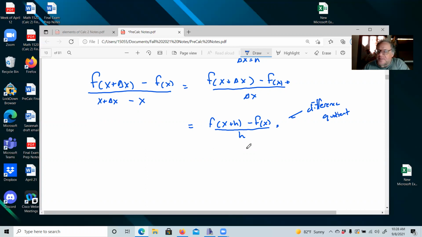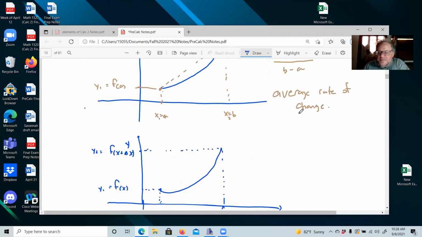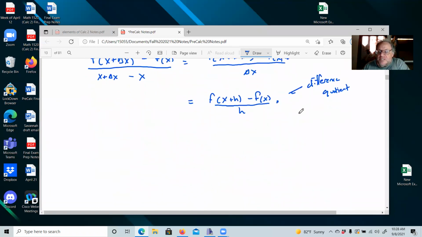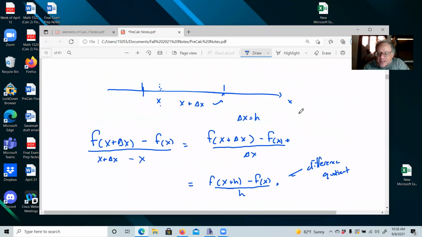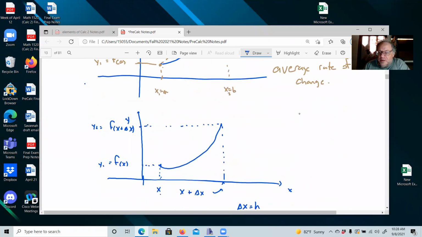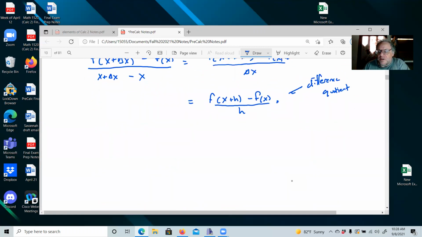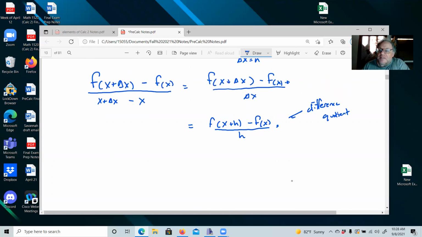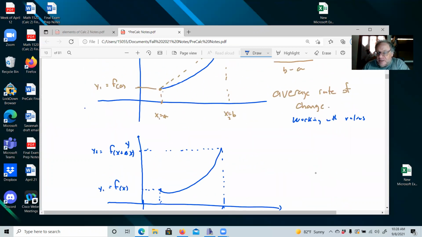So why is this the difference quotient and this one's the average rate of change? Well, the average rate of change has the connotation that you're working with numbers. And the difference quotient has the connotation that you're working with symbols. Average rate of change tends to be discrete values.